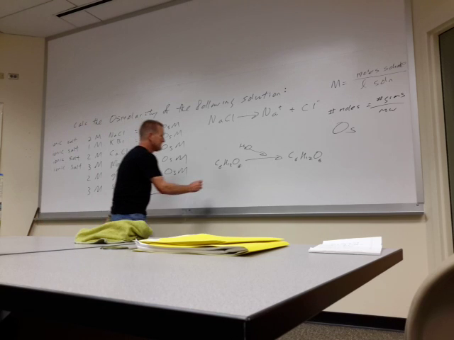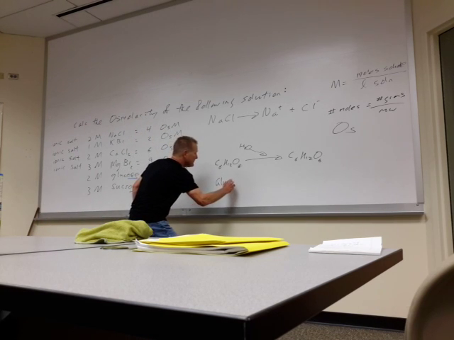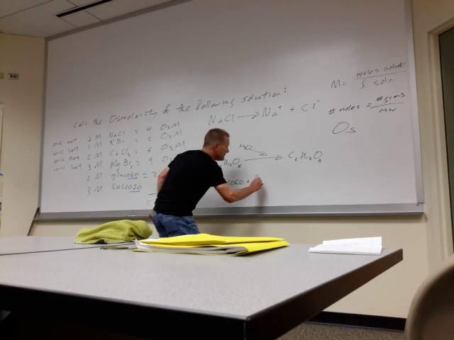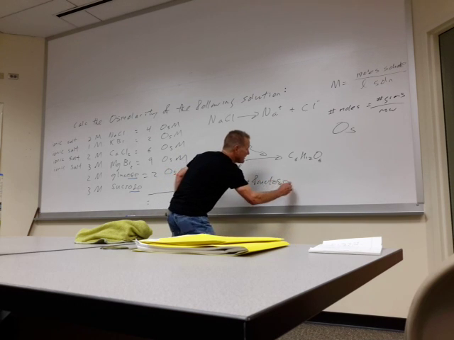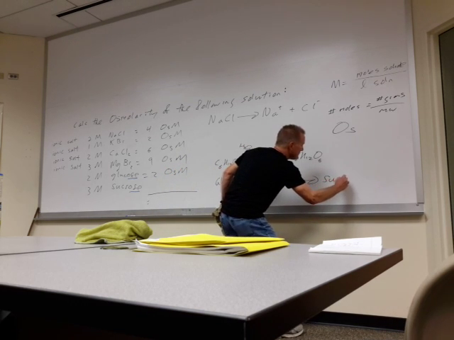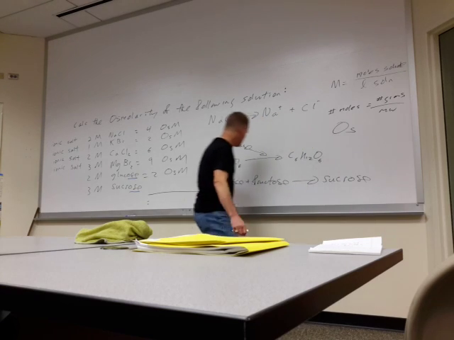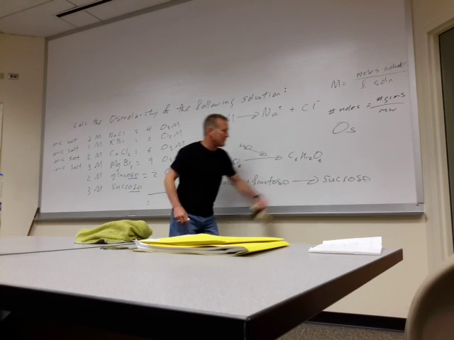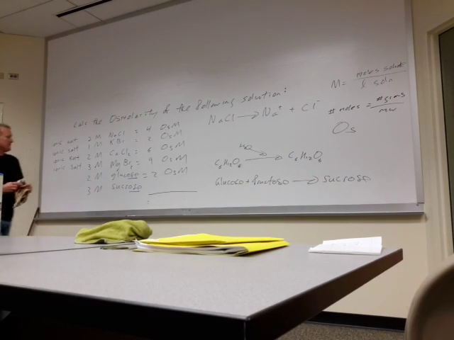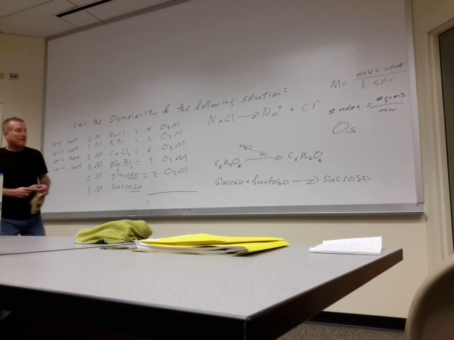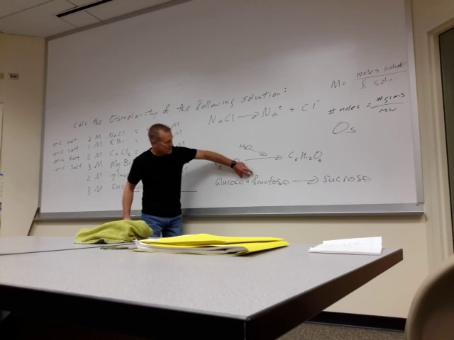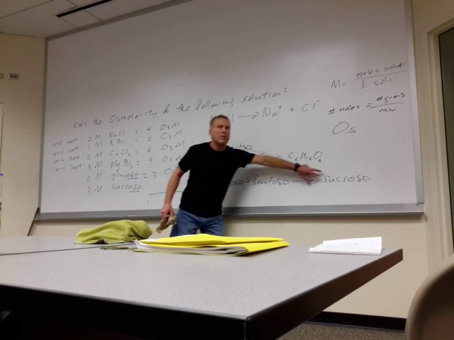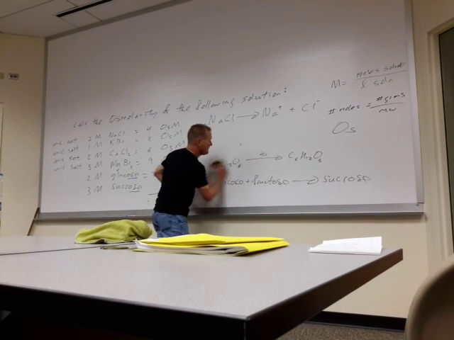Sucrose. Sucrose is glucose plus fructose. In other words, 2 monosaccharides combine to form table sugar. What happens when we put sucrose in water? In other words, what type of bond is between glucose and fructose? A covalent bond. This doesn't break apart when we put it in water.